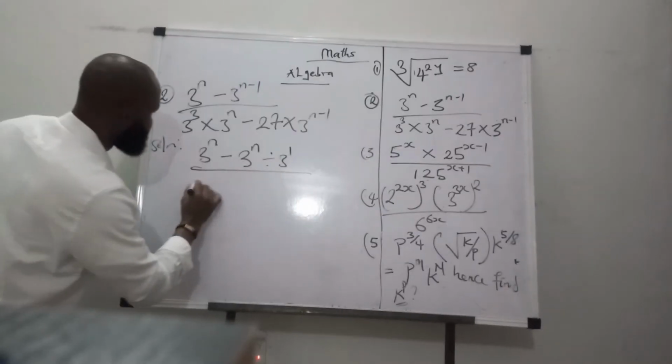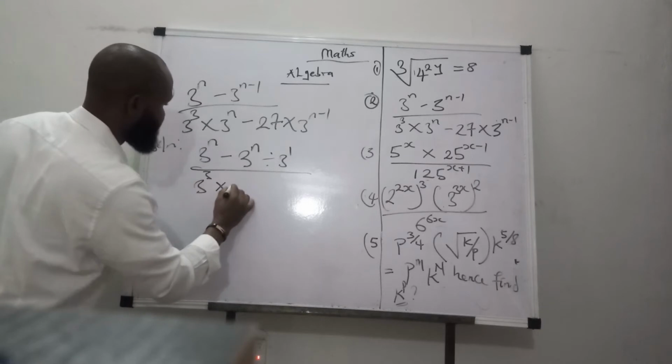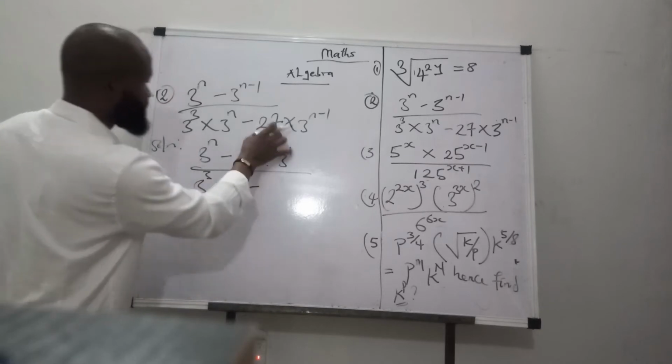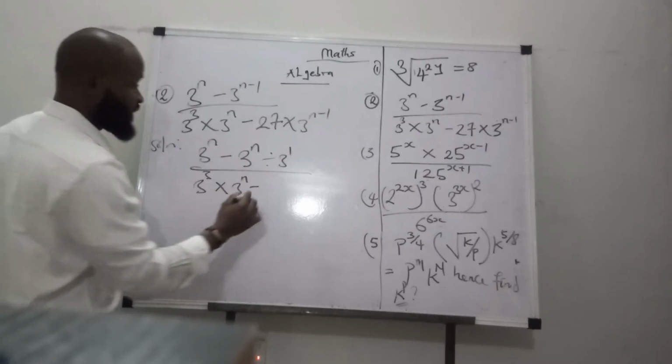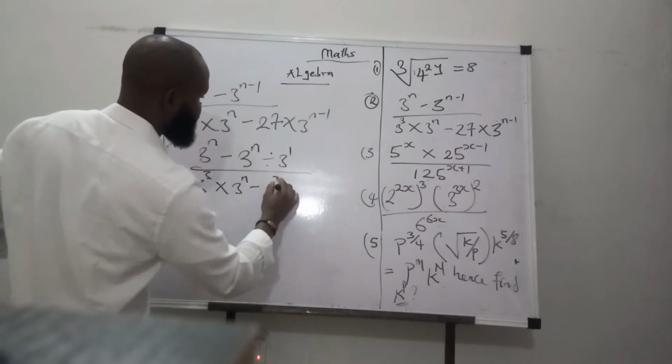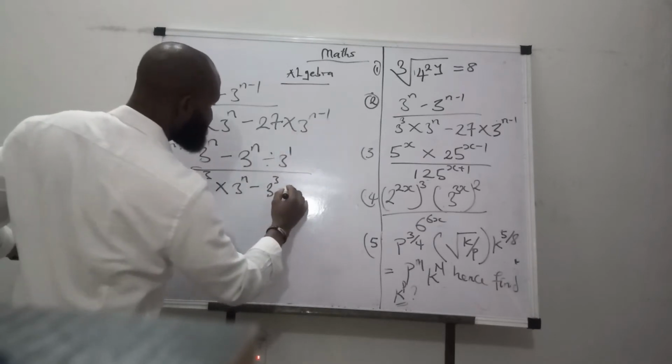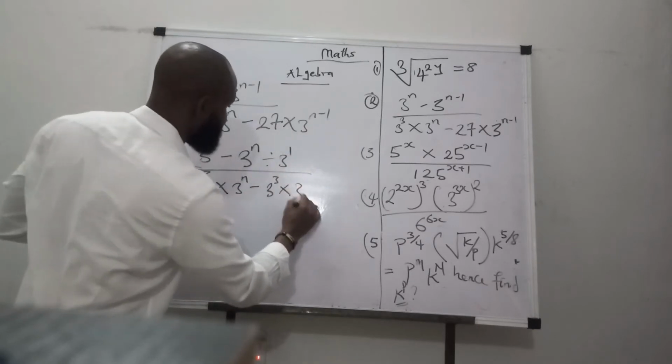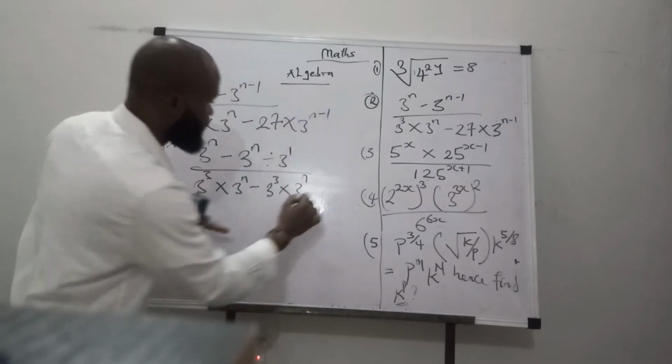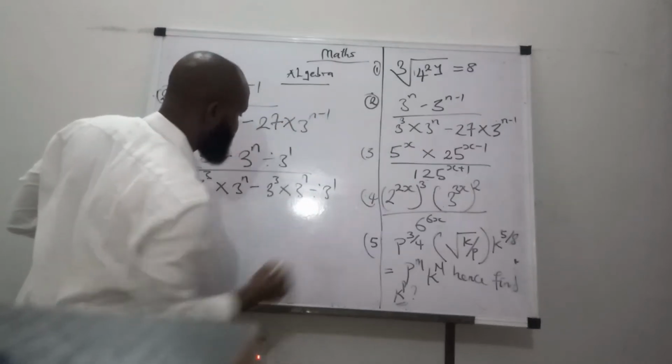So 3 raised to the power of 3 multiplied by 3 raised to the power of n minus this also, which gives you the same 3 raised to the power of 3. Am I correct? Multiplied by 3 raised to the power of n, divided by 3 raised to the power of 1.